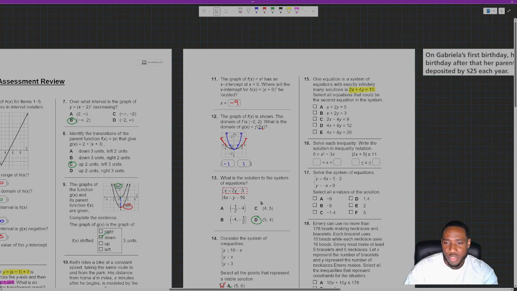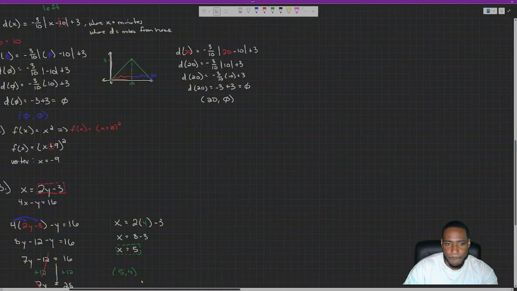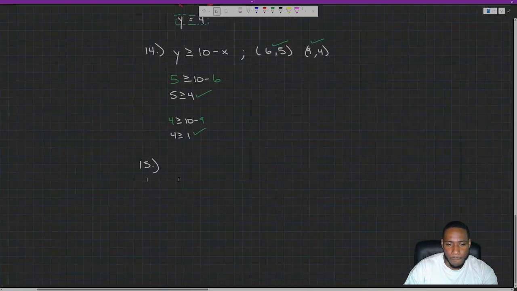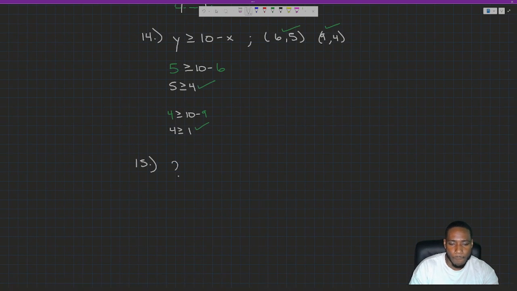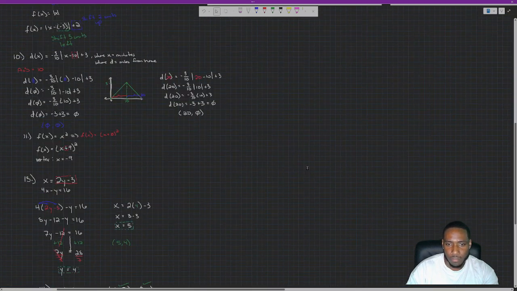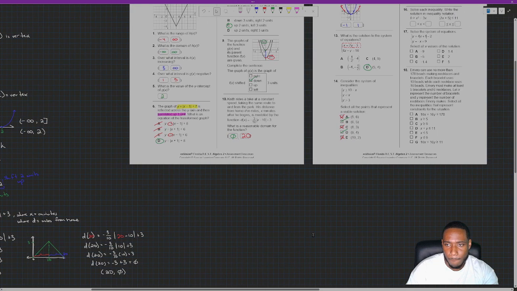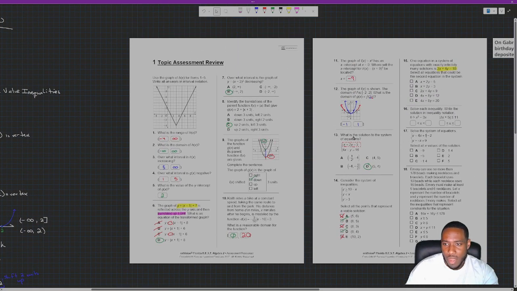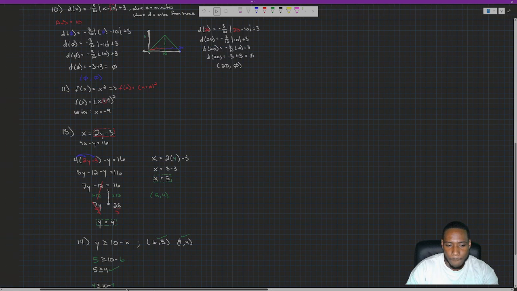So the equation we have here again is 2x plus 4y equals 10. And then the next equation they give us is x plus 2y equals 5.